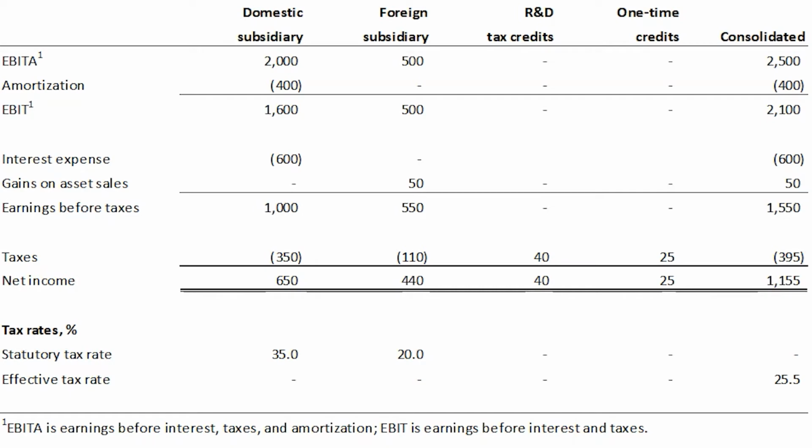And so we can see additionally that the firm has some R&D tax credits, and they have a one-time tax credit. So R&D tax credits, we talked about this a little bit, I'll talk about it again in the example. R&D tax credits are tax credits provided by usually local governments to big firms to encourage them to locate their research and development activities inside the city or the municipality or whatever.